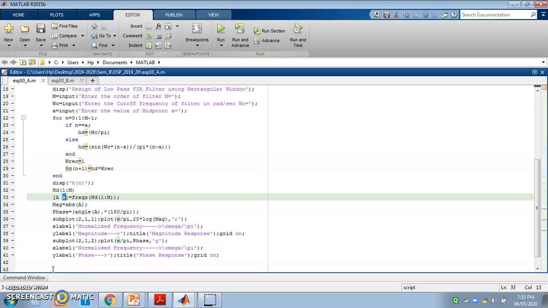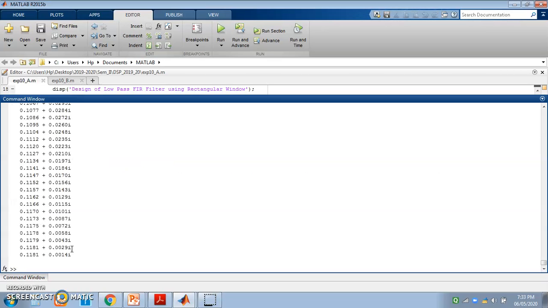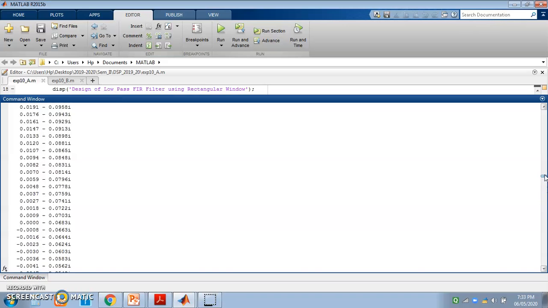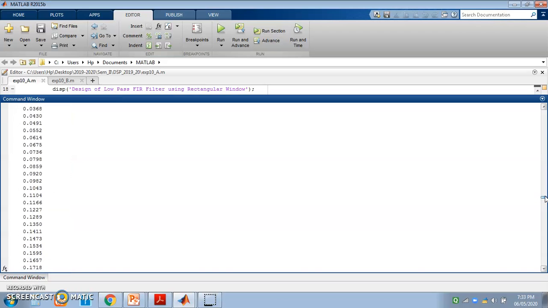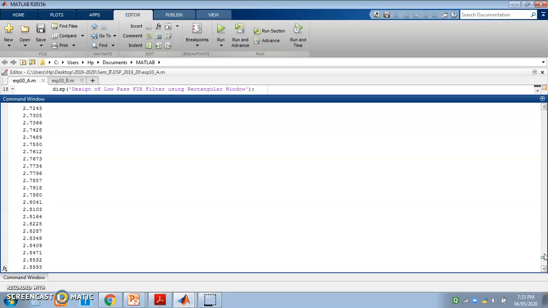If I write down the variable A, it gives me the value of the frequency response, and if I find out the variable W, it gives me the value of frequency, and it is observed that these values of frequency are from 0 to pi. So the frequency will start at 0 and end at pi.